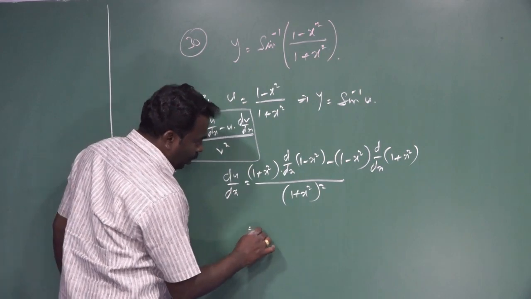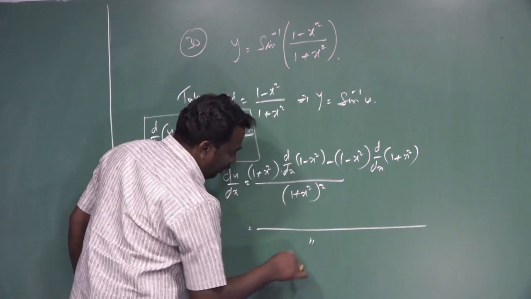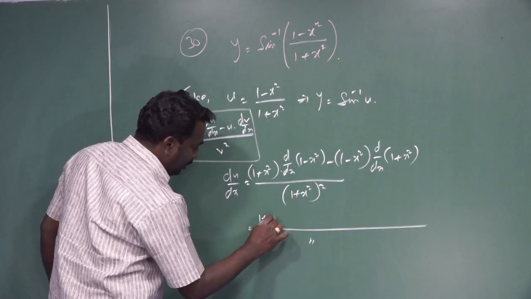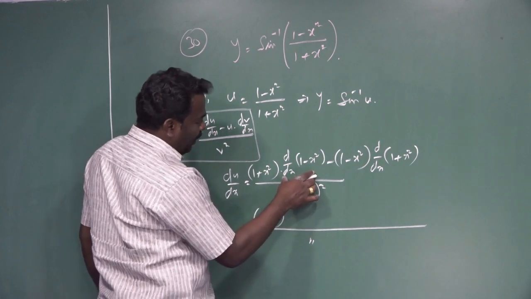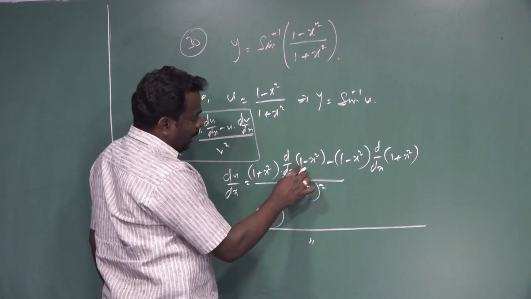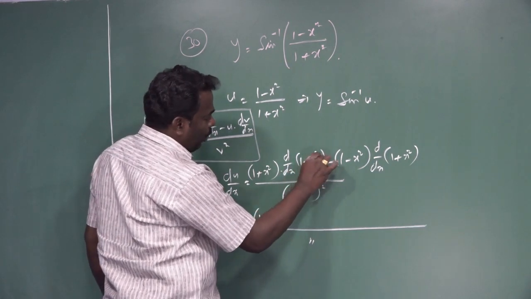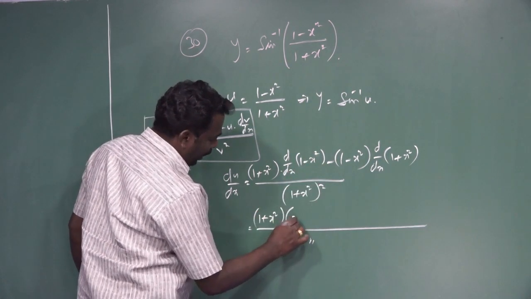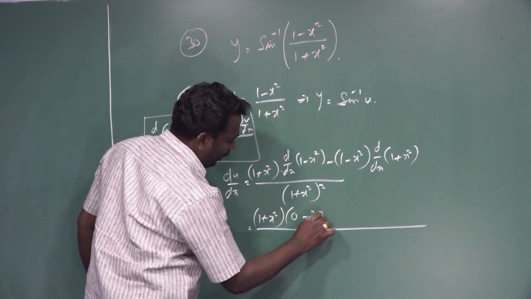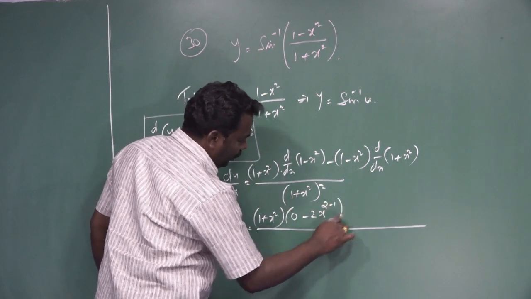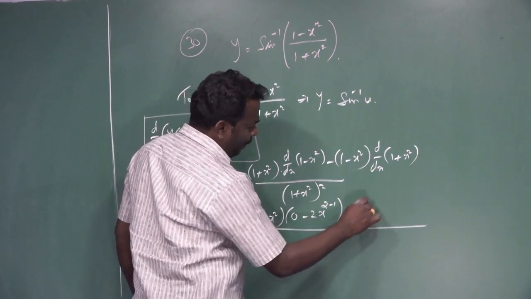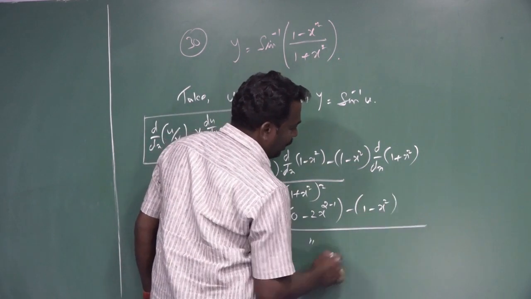Now that is equal to the same denominator, 1 plus x square, as it is.